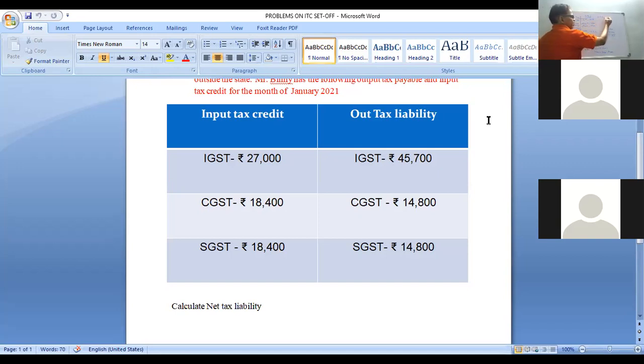Remember, SGST cannot be utilized for payment of CGST, and similarly CGST cannot be utilized for payment of SGST. This is not allowed in the GST Act. This is how to set off the different types of tax. You might get this problem in the examination, maybe as an essay type or short question.